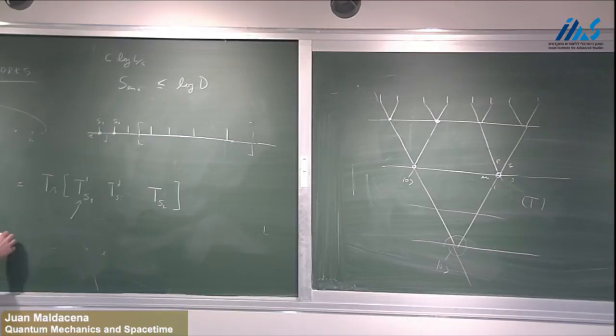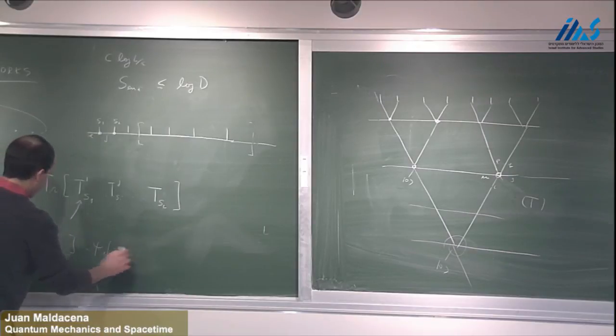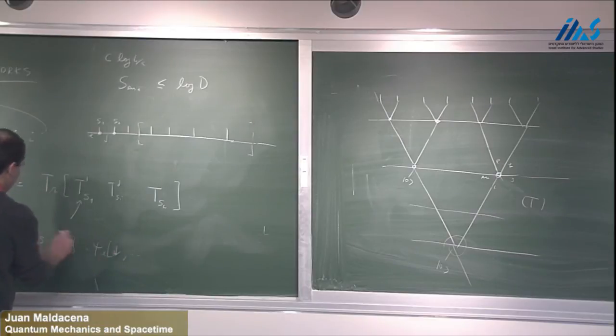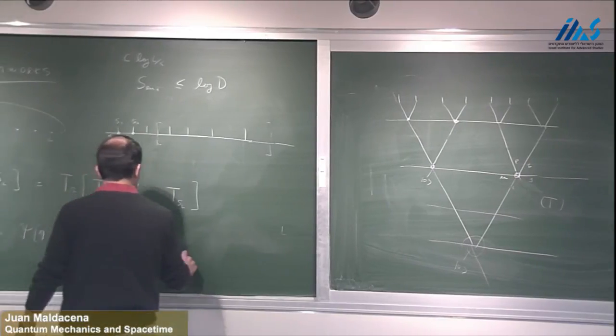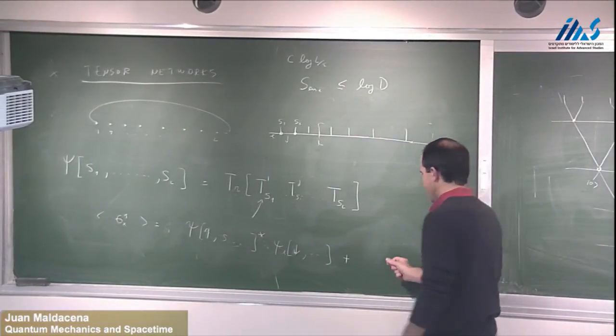Then you take this wave function where the first spin is 1, and the rest of the spins you sum over, and the second spin is 2, right? 1 and 2, or plus, let's say, up. The usual description of how sigma acts. So this is the complex conjugate wave function, and then you sum the other one, just the usual.